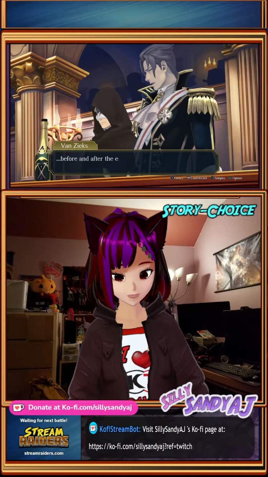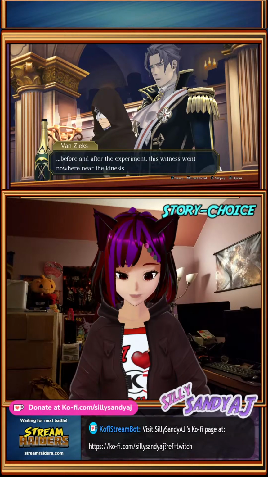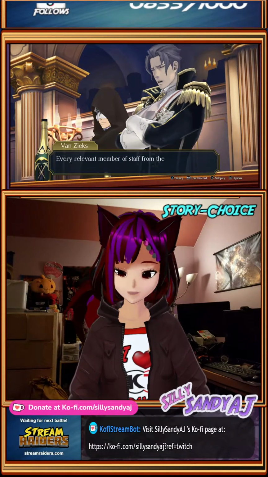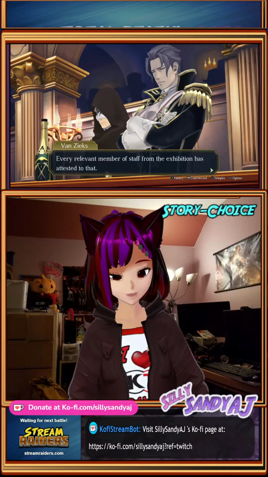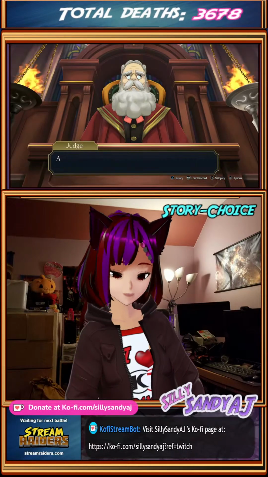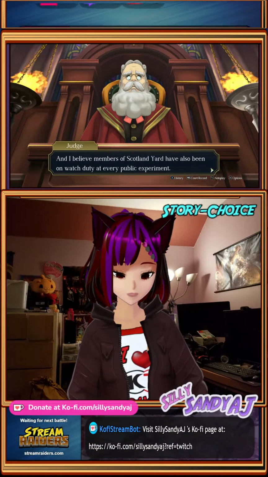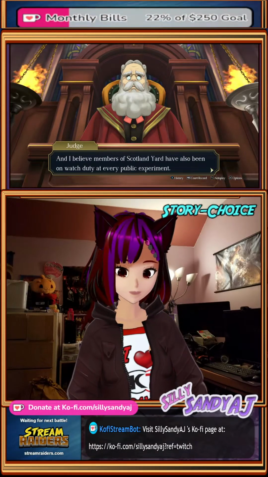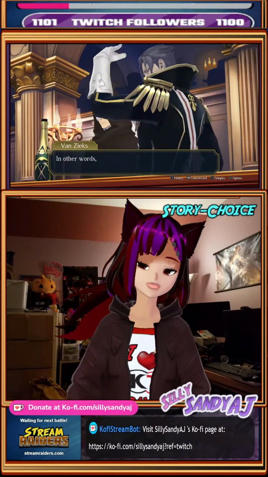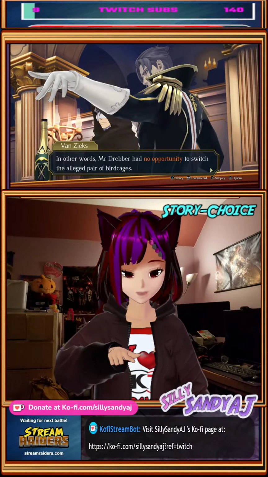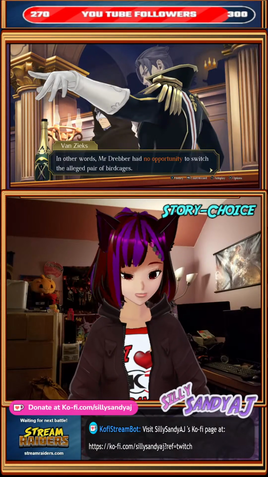Firstly, before and after the experiment, this witness went nowhere near the kinesis machine. Every relevant member of staff from the exhibition has attested to that. And I believe members of Scotland Yard have also been on watch duty on every public experiment. In other words, Mr. Drebber had no opportunity to switch the alleged pair of bird cages.